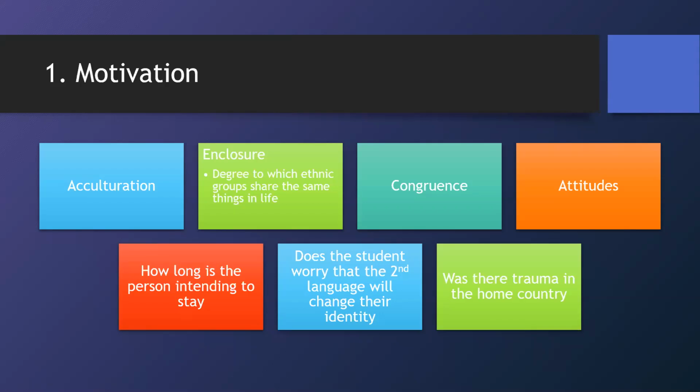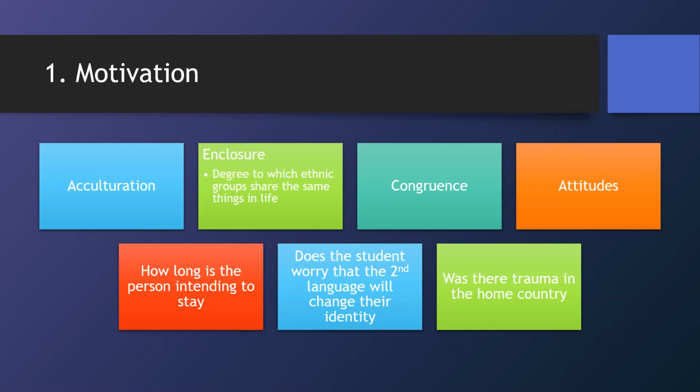They may be very anxious to leave behind the culture that they came from. This actually was very prevalent in Jewish people, Eastern European Jewish people fleeing Europe during World War II and just following World War II.